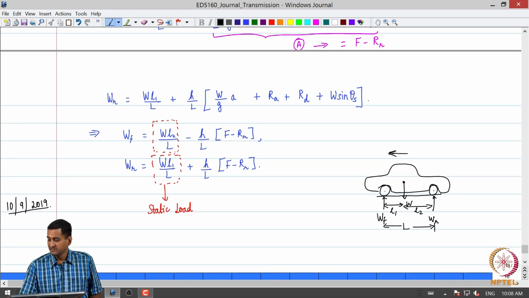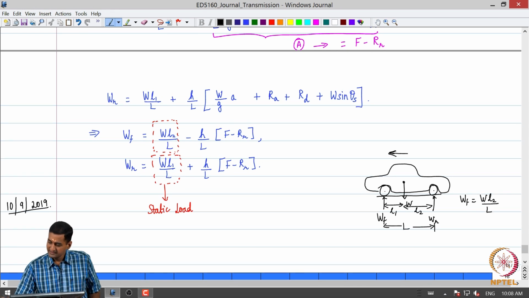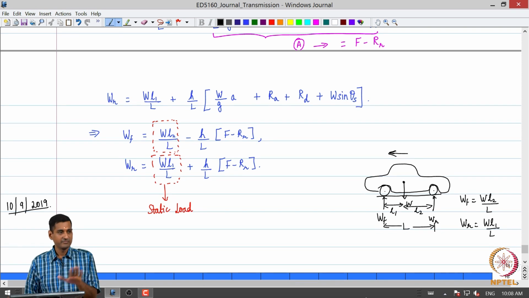Then we can immediately see that WL2 by L will be the load on the front, WL1 by L will be the load on the rear, right. So that is why the first term on the right hand side of the expressions that we derived indicates the static load on the front and the rear wheel respectively.